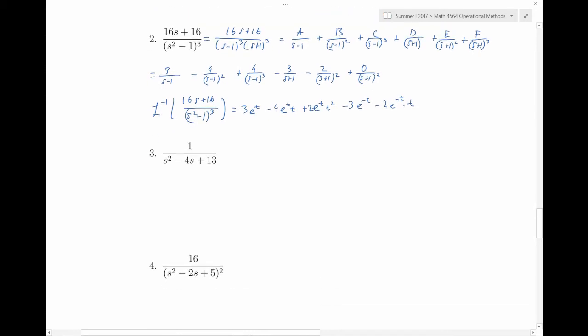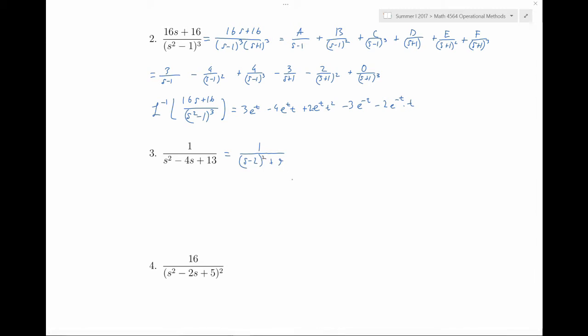The next type of partial fraction is the irreducible quadratic form partial fraction. So the first thing you need to do is you need to complete the squares. Here it's going to be s minus 2 squared plus 9.